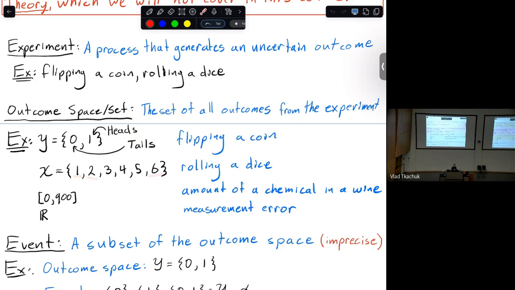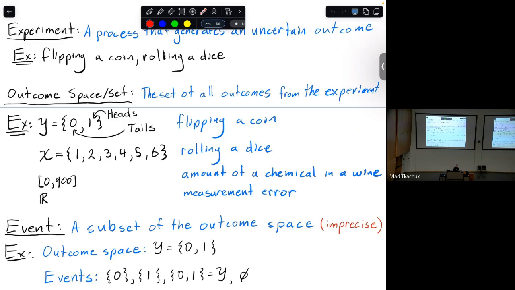And for the case of wine, like we were talking about classifying wines, you're randomly going to get a wine bottle or information about it. One of the pieces of information might be the amount of a chemical. It could be any number, let's say from 0 to 900, because that's the most that wine bottle could hold of that chemical.